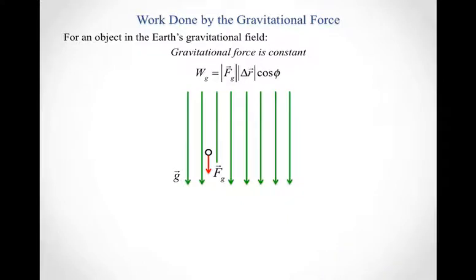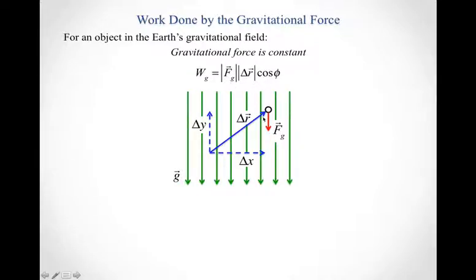So in terms of calculating this out, let's let my object just move sort of randomly here. So delta R now has two components. It's got a horizontal component, delta x, and a vertical component, delta y. And one of the things we talked about when we were talking about calculating the work in general is that sometimes it's useful to pair up delta R and the cosine phi term and simply think about that as the component of the displacement that lies along the same line as the gravitational force.